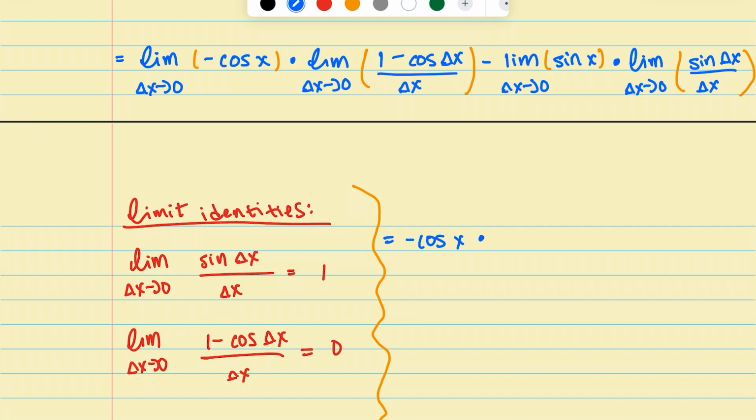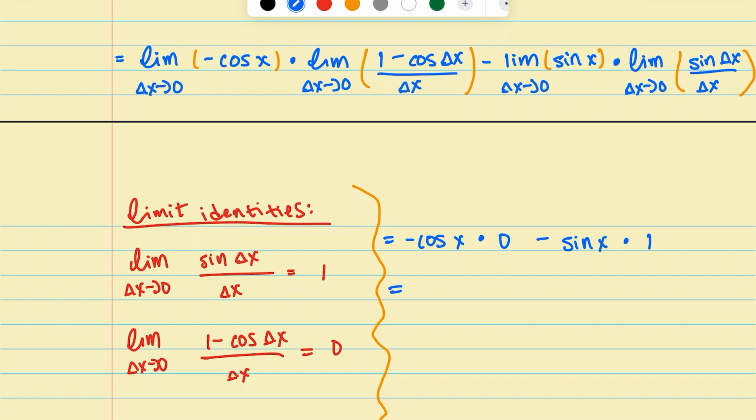From our limit identities, we know that that is just 0. Then you'll have minus the limit of sine of x as delta x approaches 0, which is just sine of x, times the limit of sine of delta x over delta x as delta x approaches 0. Using our limit identities, we know that that's just 1.